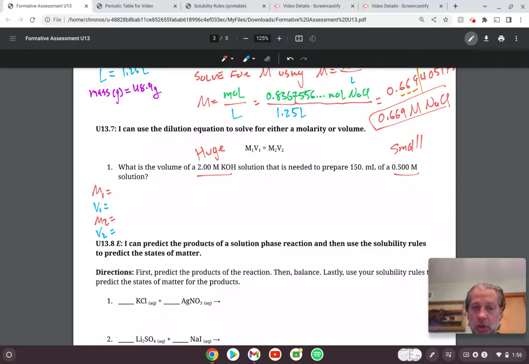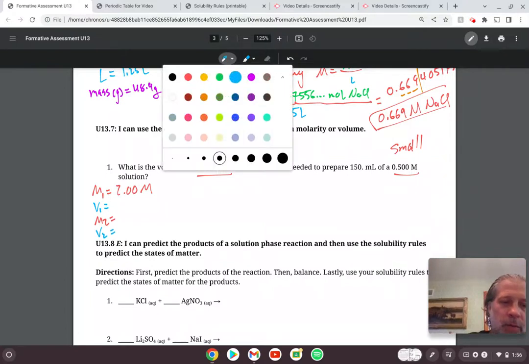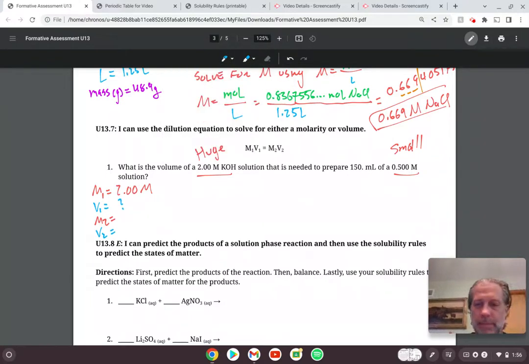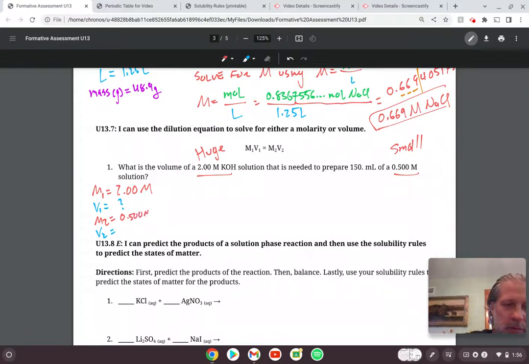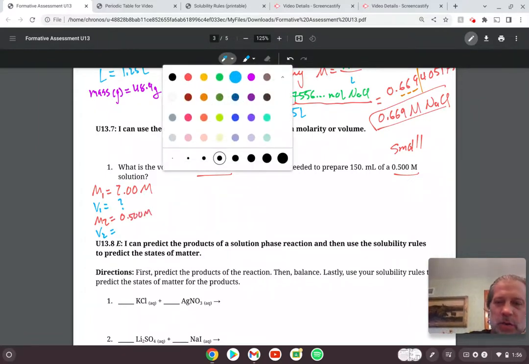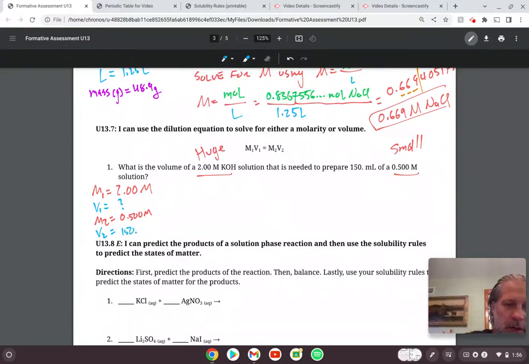That means that the 2 molar in this case is going to be M1, and I'm going to be solving for how much of that do I need. My M2 is going to be 0.500 molar, and my V2 is going to be 150 milliliters.